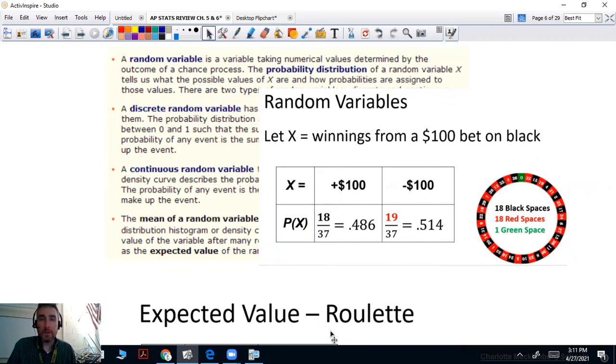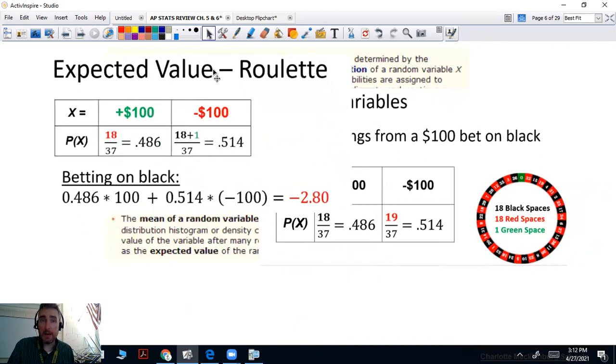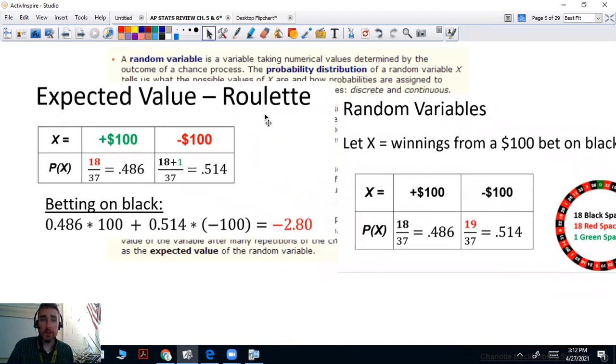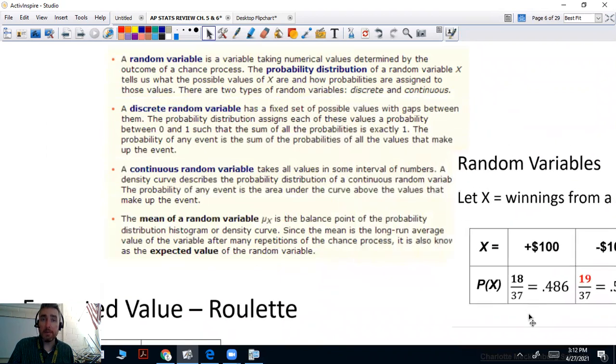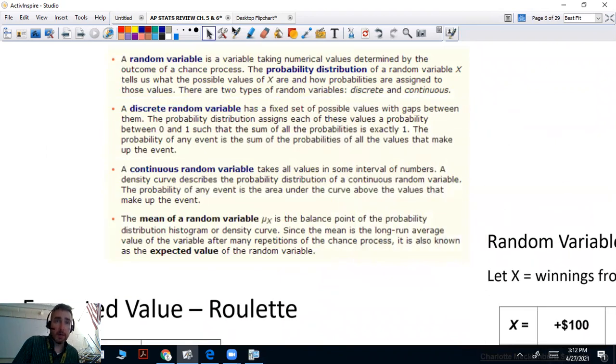The expected value, for this random variable, is the average of those. When you see things like the mean of a random variable, that's the same thing as the expected value.